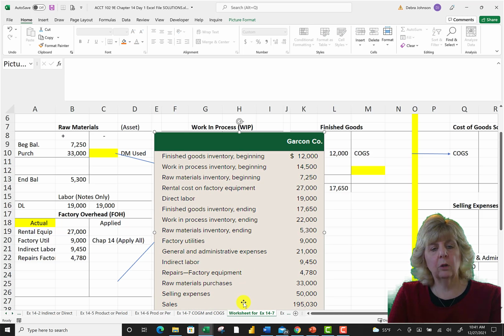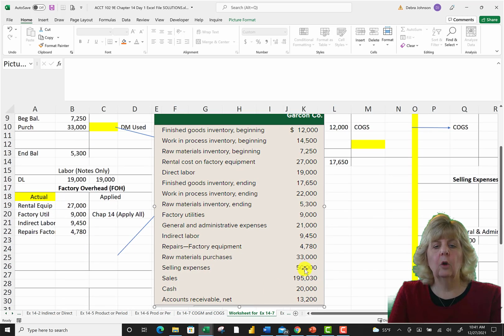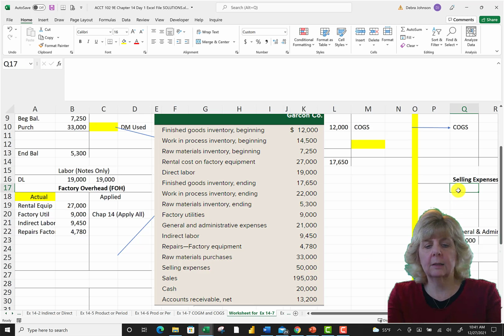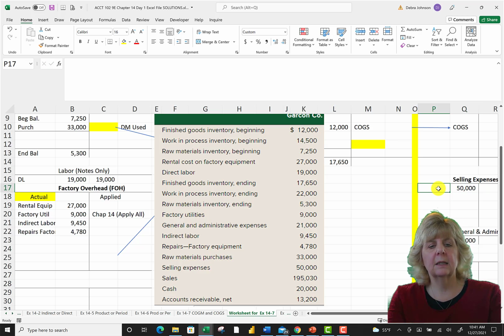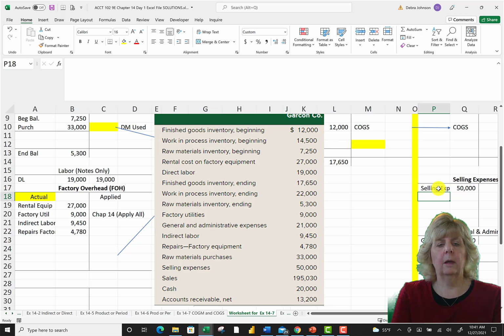Let's keep moving through these lists of accounts. We have selling expenses. Okay, remember those are period costs. They don't accumulate on the balance sheet. Instead, they are just immediately expensed. Okay, there we go. And then we have 3 remaining accounts. We have sales. Well, we know what sales are.